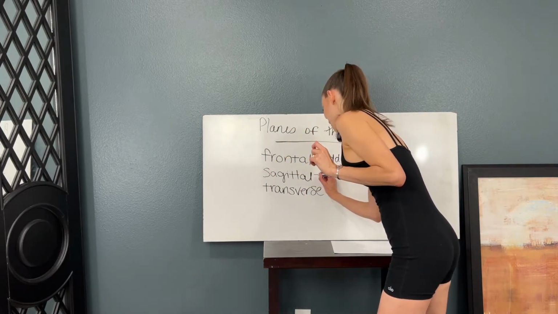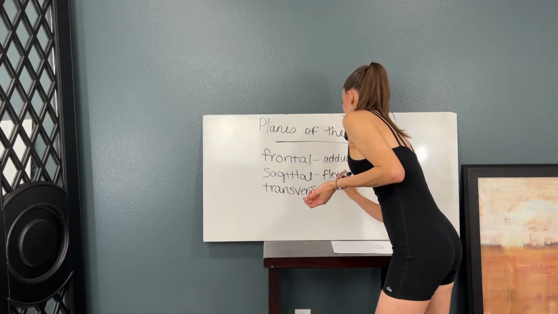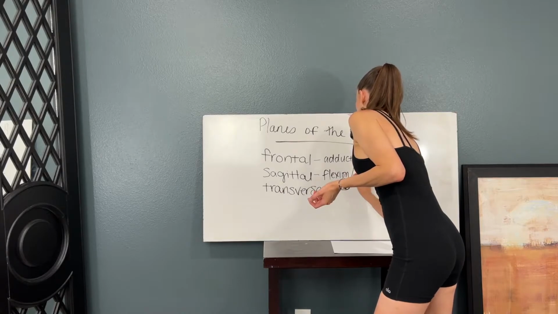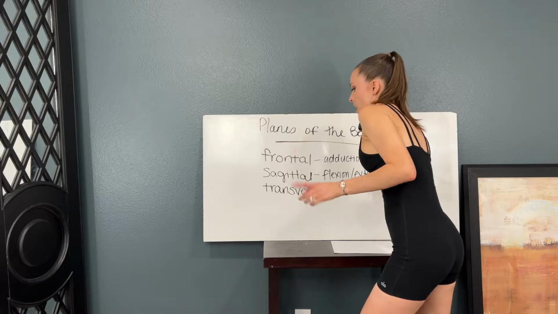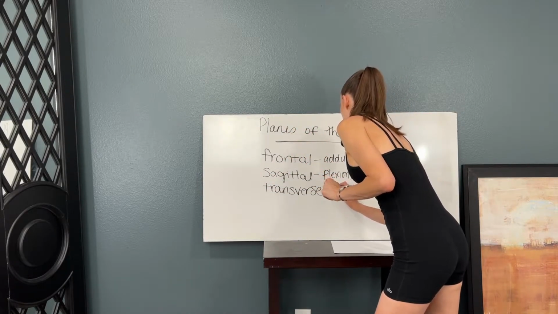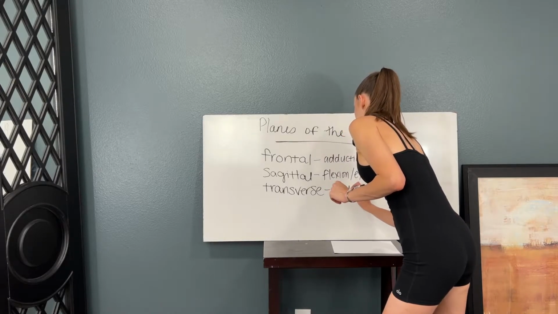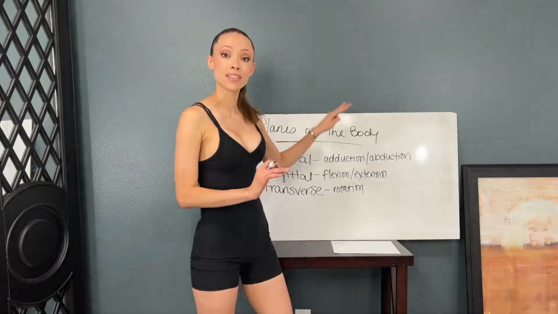In the sagittal, normally you would have flexion and extension. And in the transverse plane, normally you would have rotation. So we'll go over the different kinds of movements that are available to the body and see how it all fits into this.